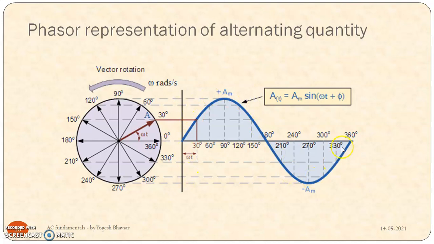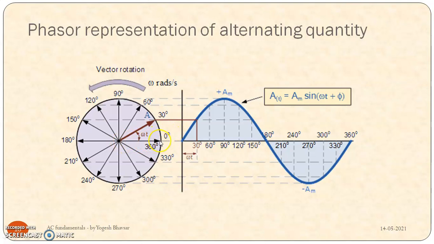This is our waveform, and we have to plot different phasors for this waveform. The expression for the waveform is a sine of the angle theta, as this is a sinusoidal waveform. At the origin, position 0, with respect to this reference axis, let us consider this the origin position, 0 degree.